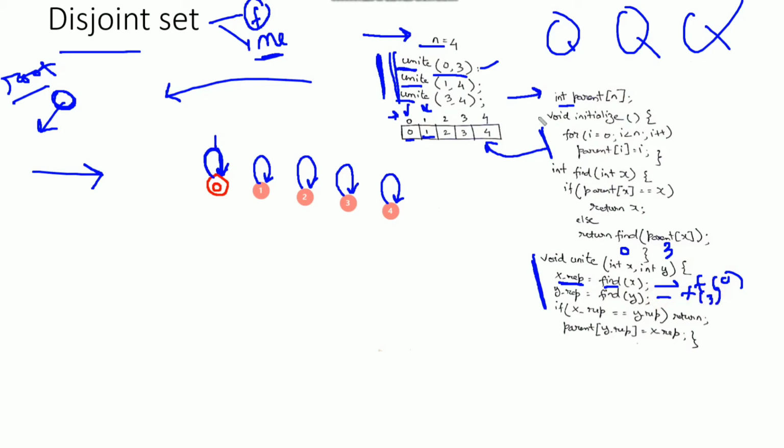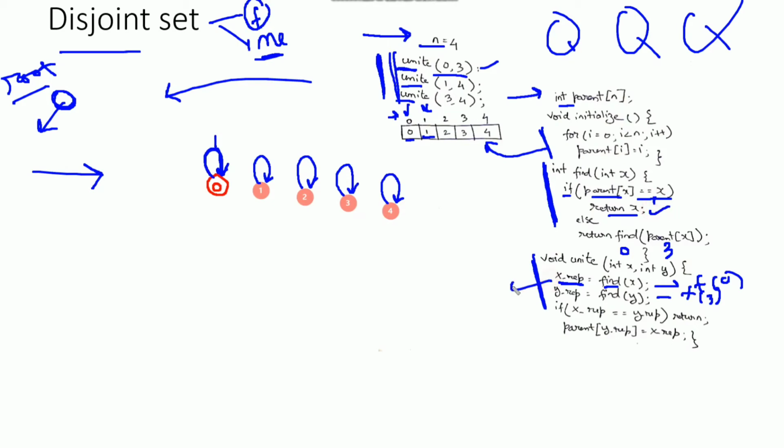This find function is a recursive function. In find of 0, if parent of 0 equals 0, then return that. Parent of 0 is 0 itself, as we see in the diagram. So this condition is true, therefore I will return 0.